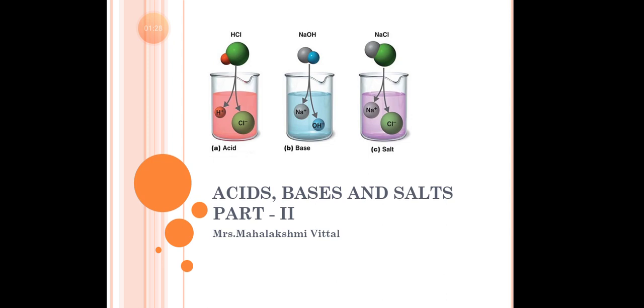So if a colorless solution is given to you, how do you find out whether it is a strong acid, a strong base, or a neutral solution? For this purpose we have a special indicator called the universal indicator.